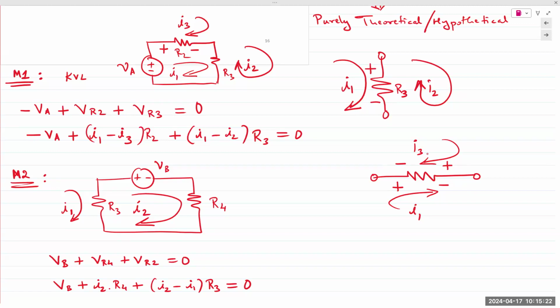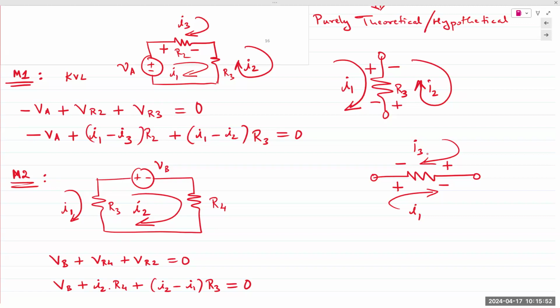Then similarly, when we account for the mesh current on the other side, which is I2, it'll cause another hypothetical drop, which is plus at the bottom, minus on the right. Those mesh currents are not real, so we can illustrate the two voltage drops with two opposite polarities. Does that make sense to everyone?